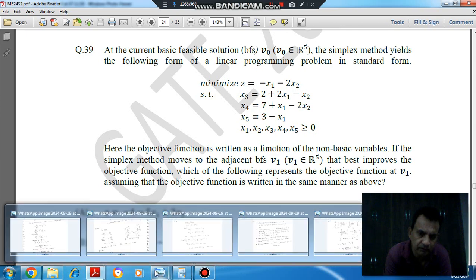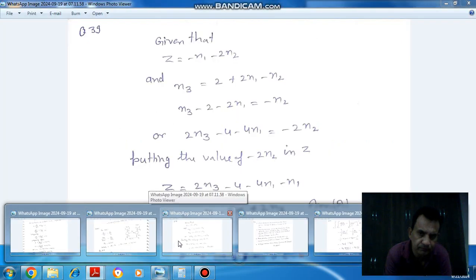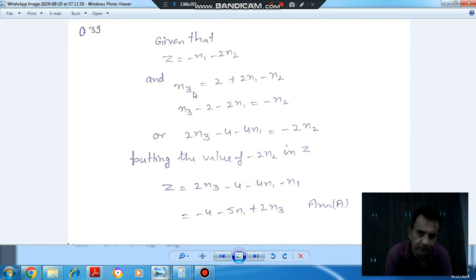So from x3 = 2 + 2x1 - x2, we get -x2 = x3 - 2 - 2x1. Now here -2x2 is 2x3 - 4 - 4x1.